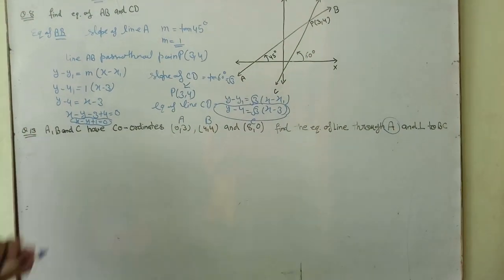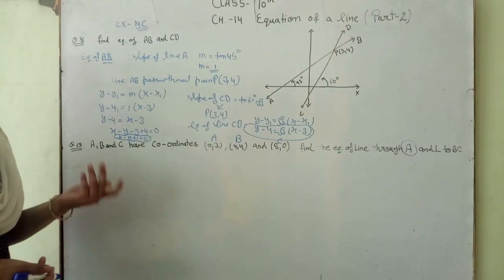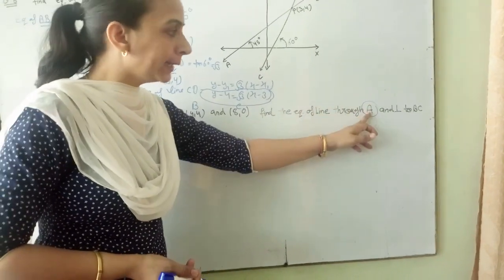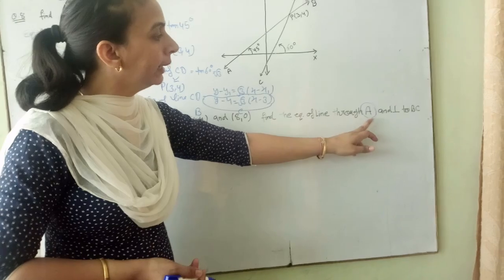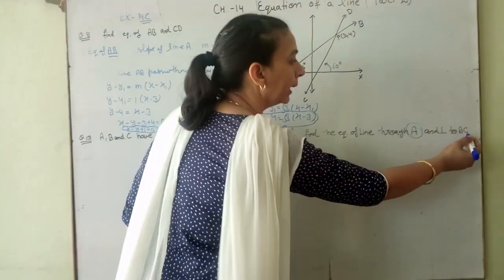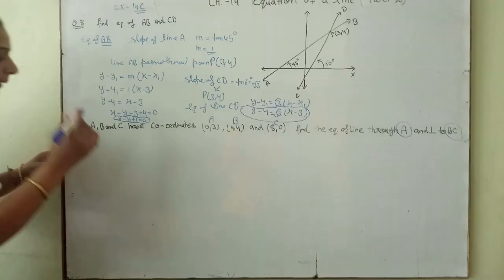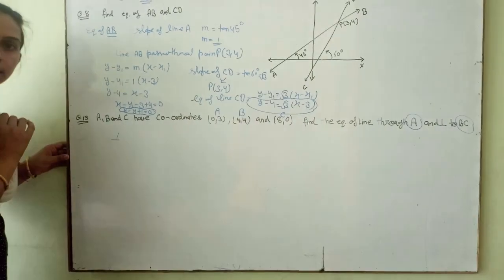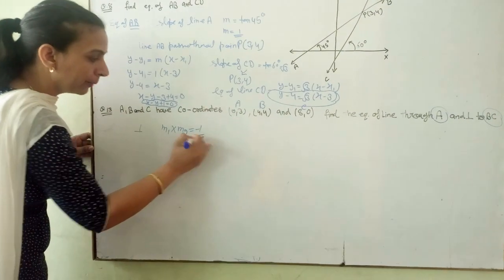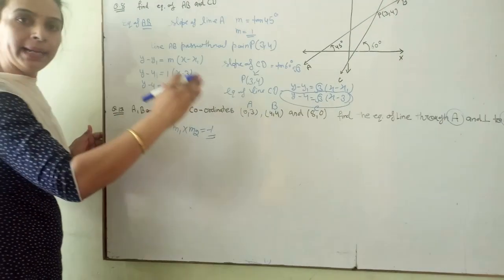Students, we have only three methods for finding an equation: slope and intercept, point and slope, and two points. Here we have a passing point and the line is perpendicular to BC. If two lines are perpendicular, we know from the previous chapter that the product of their slopes equals minus 1. Then with the help of the slope of BC, we find the slope of the required line.